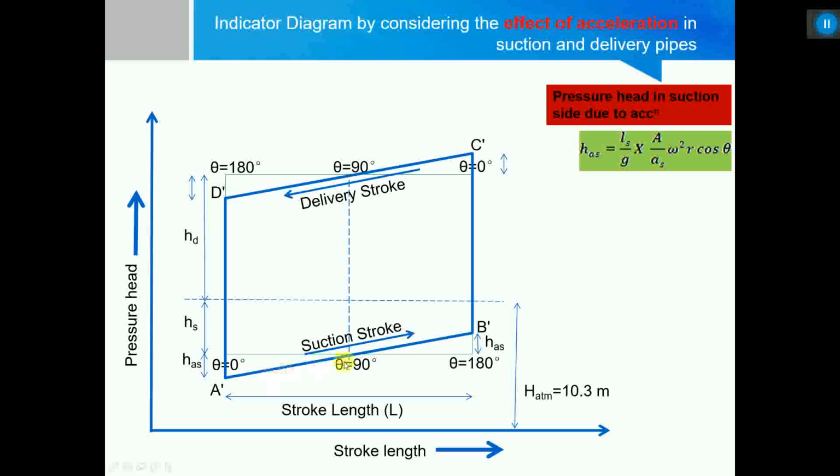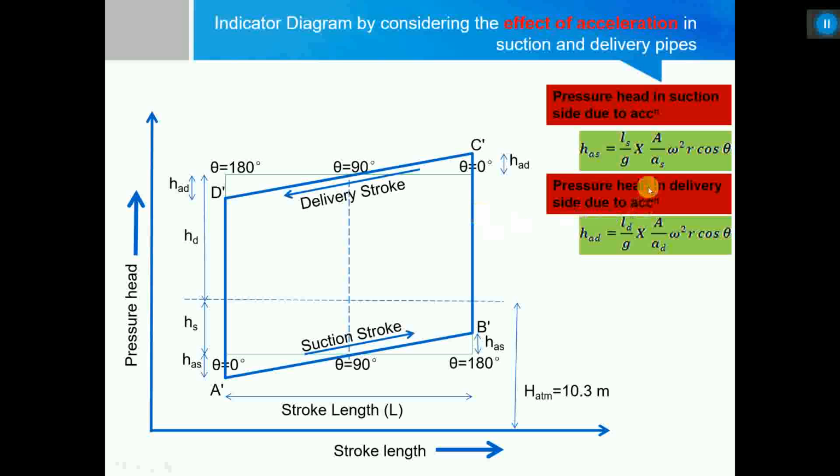Whereas at the end of the suction stroke, the fluid that is coming already has some inertia, it is moving with some inertia force, and that's why we have to generate lesser head at the end of the stroke. And that's why here you can see we have to generate not Hs but Hs minus HAs, because we need the lesser value of suction here at the end of the stroke.